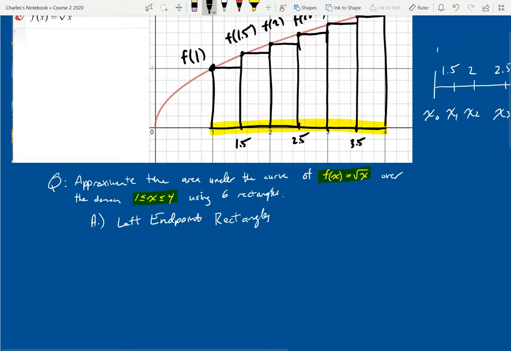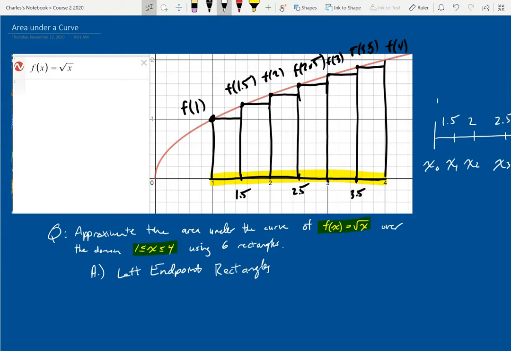And if I think of what that area represents, or what that area equals, well, each one of these shapes is a rectangle, and each one of them has a width of 1/2. So I could think of it as 1/2 times these 5 left endpoints.